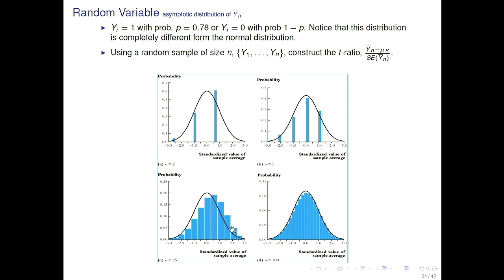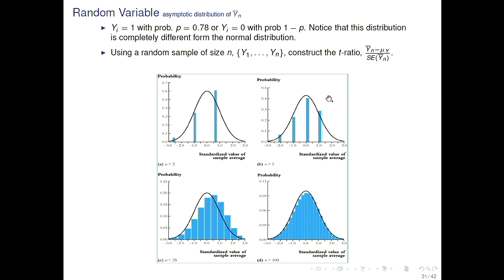This is a really small sample size compared to the sample sizes that we are going to look at in this course. However, even with only 25 observations, the distribution of this T ratio is now very similar to the normal distribution. When we increase the sample size to 100, we really can use the standard normal distribution to approximate the distribution of this T ratio.